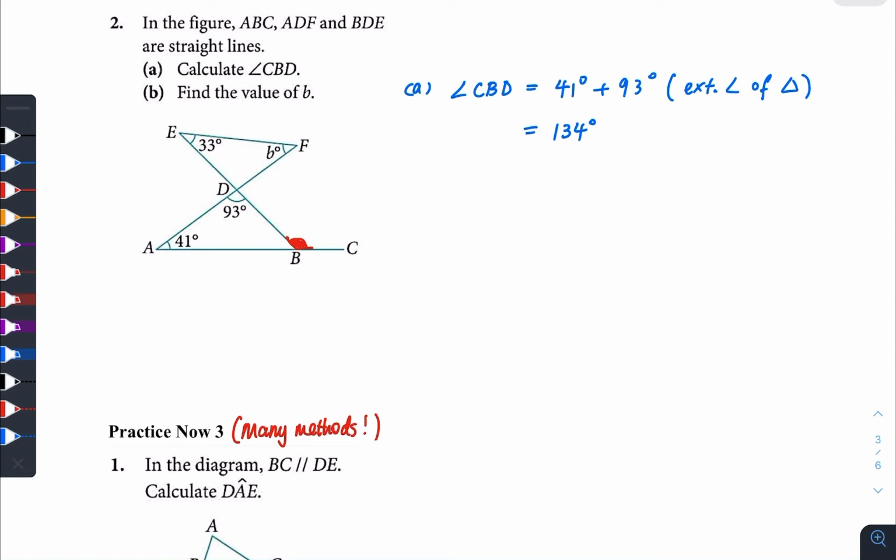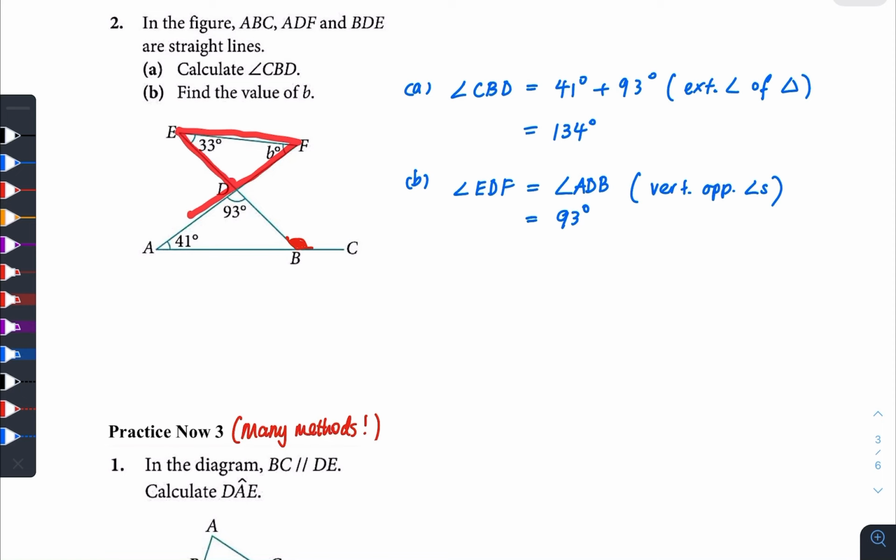Now for part B, we are looking for the value of B. But you have to observe here, this 93 over here is not an exterior angle. Why? Because when you extend the triangle like this, this end coming out should be the exterior angle.